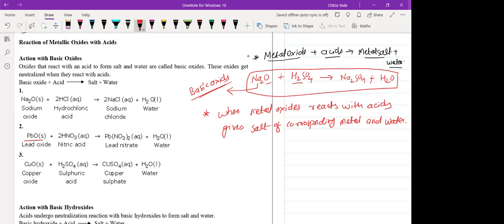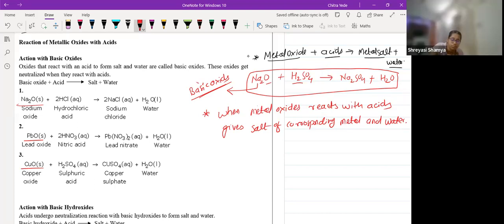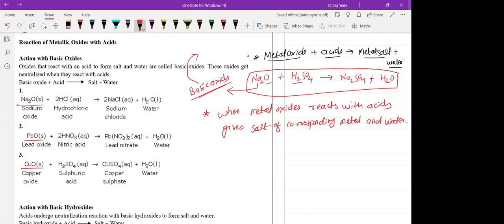See here, PbO, lead oxide, copper oxide, and sodium oxide, all these are metallic oxides. So metallic oxides are basic in nature.